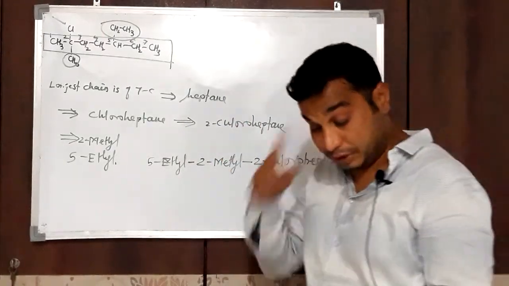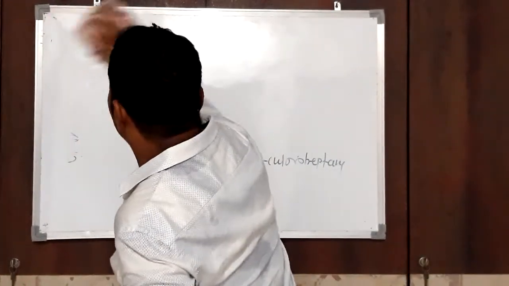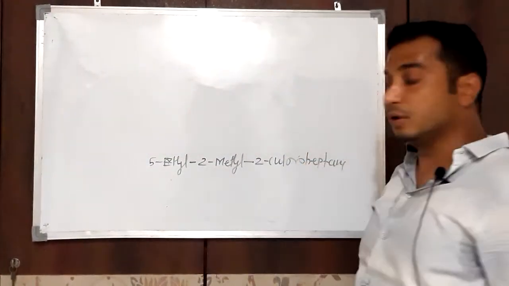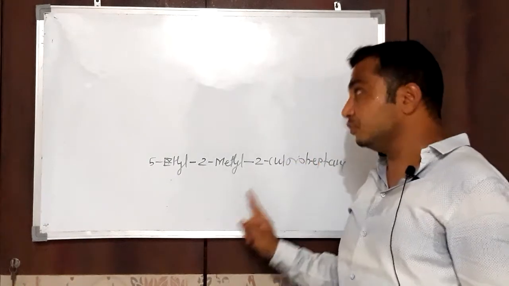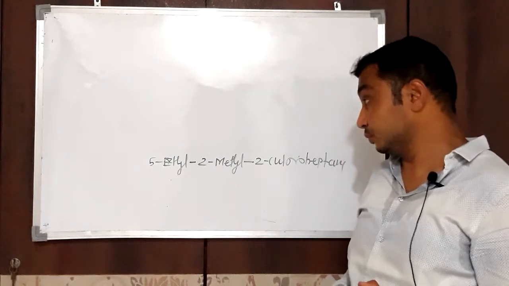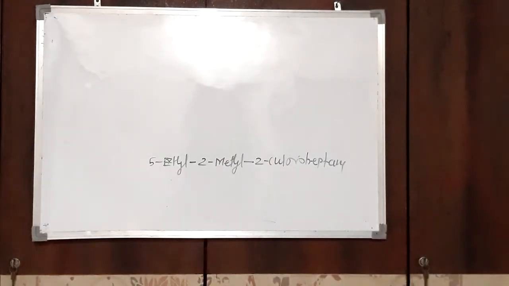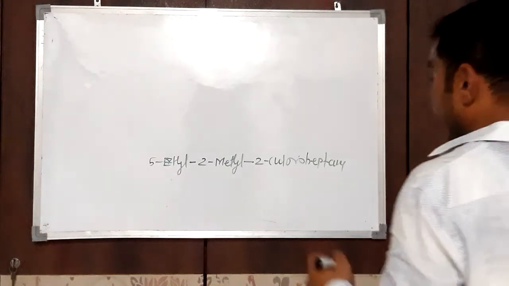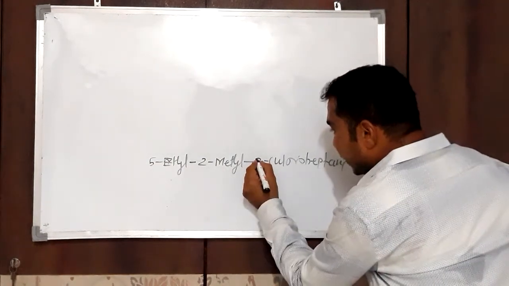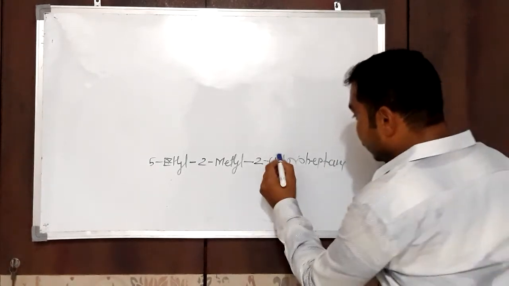Remember, very simple. Suppose this is the name of the organic compound, and for this name you have to draw the structure. What do we have to do? See, in this example, first identify the parent name. What is the parent name? Here the parent name is given, that is 2-chloroheptane.